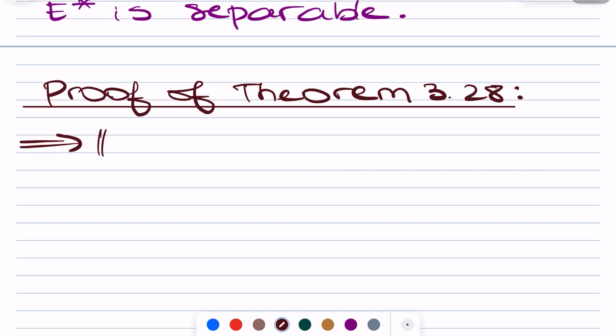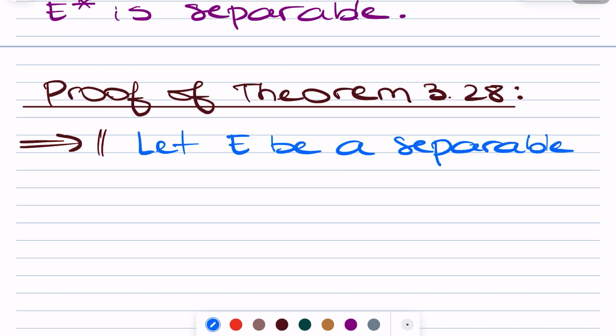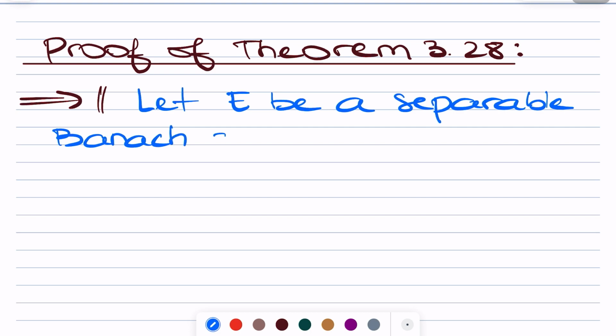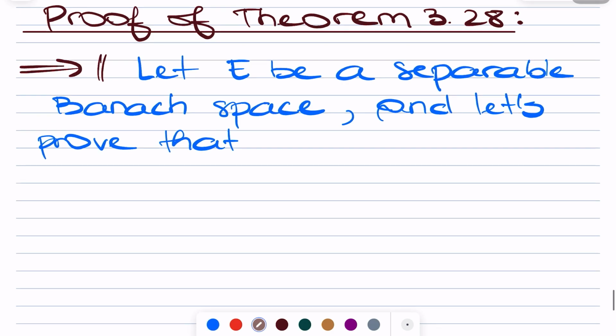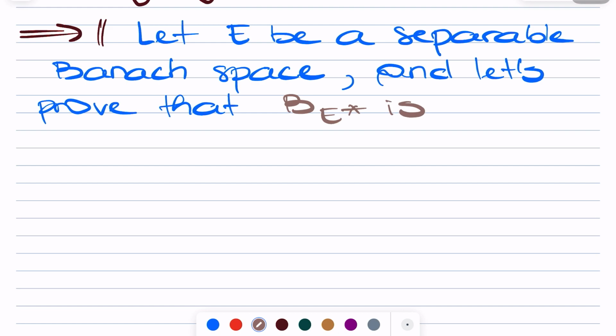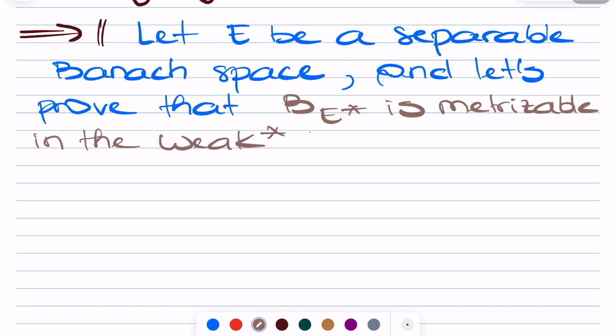Let E be a separable Banach space, and let's prove that the closed unit ball in E star is metrizable in the weak star topology, sigma E star E.